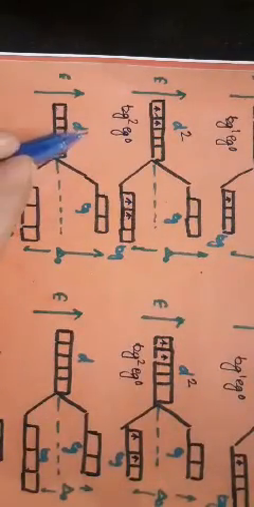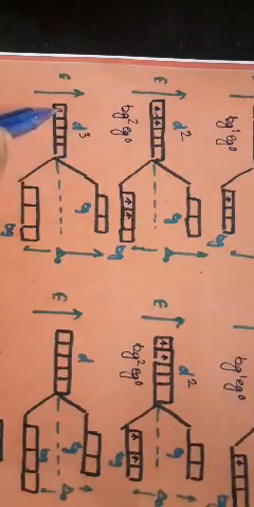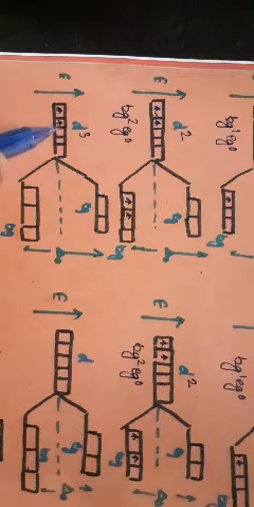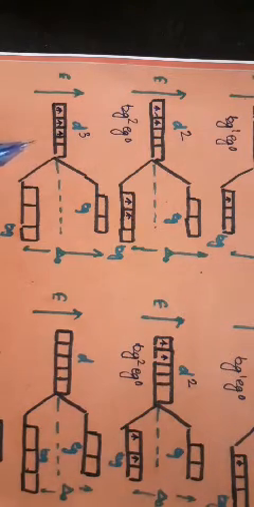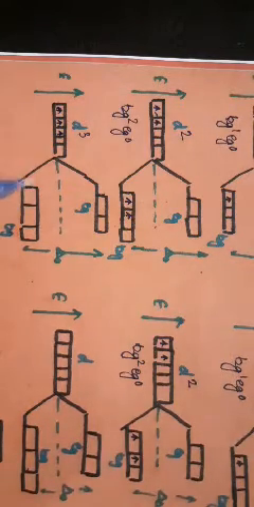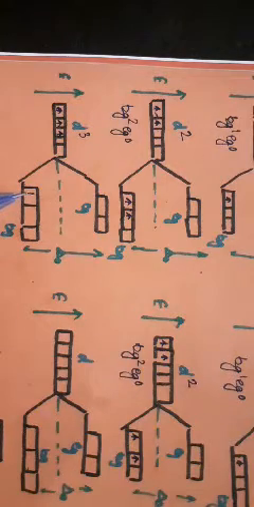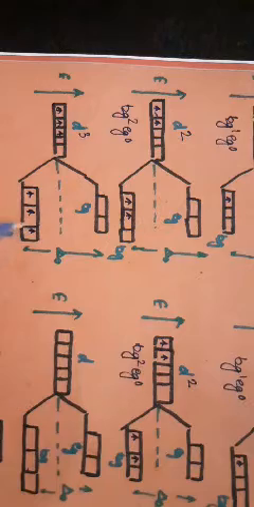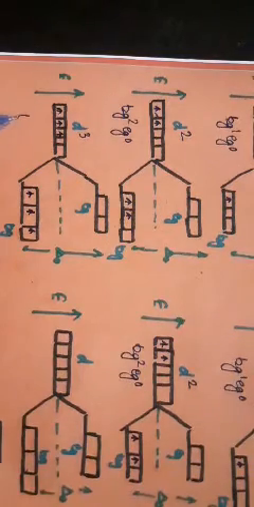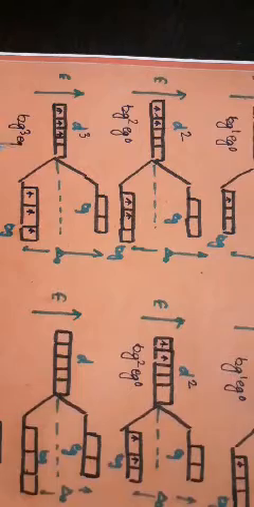This is the d3 configuration. First of all, fill all the d orbitals with one electron each, and these three electrons can be arranged in the t2g set in the given way, and its configuration will be t2g3 eg0.